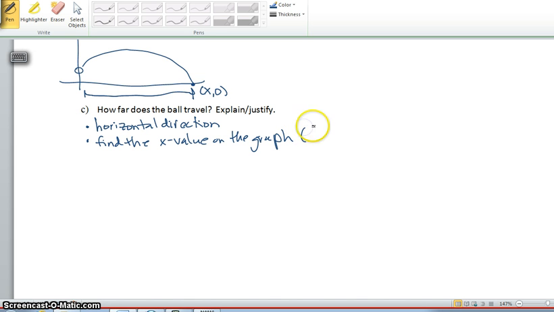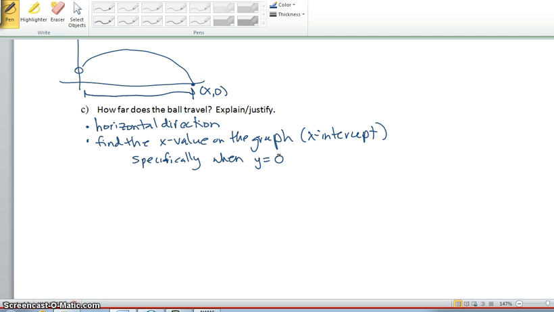Basically, we know that this is our x-intercept. So what we want to do is we want to find the x value on the graph, and this is specifically when we know y is equal to 0.